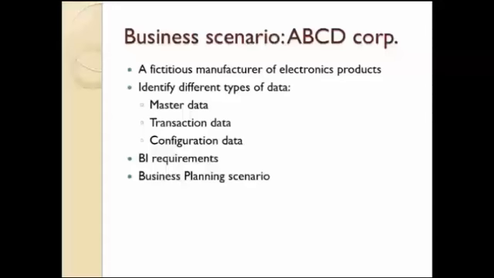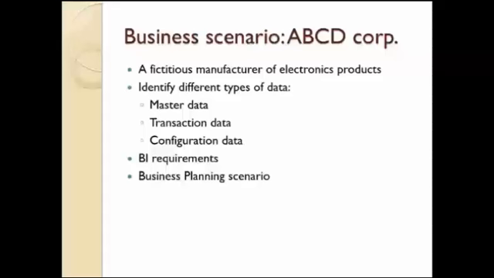So I want you to read about it and also to identify different types of data from their case description. I already talked about master data and transaction data several times. I hope you can identify those types of data from the description of ABCD Corp in chapter 1 as well.